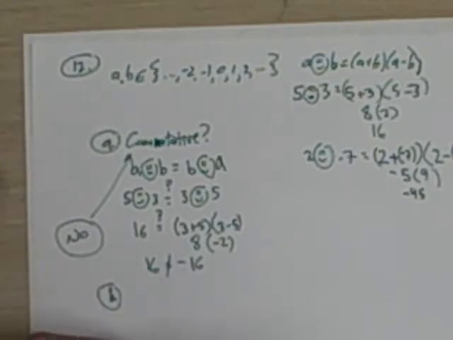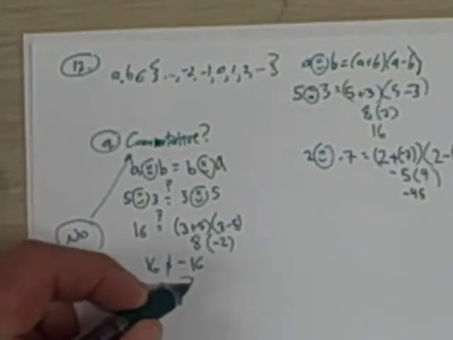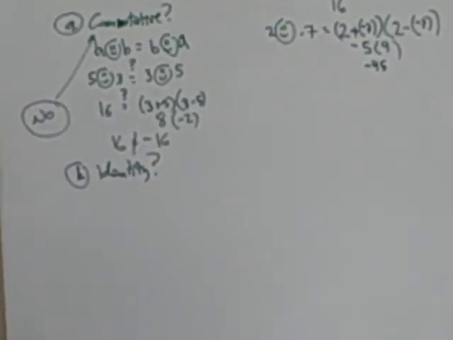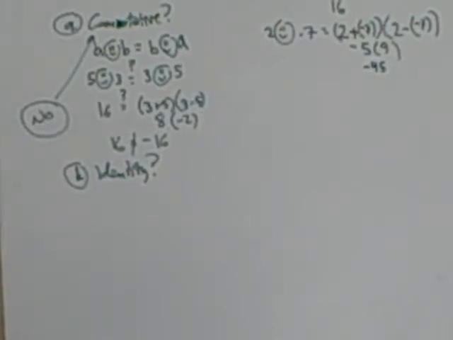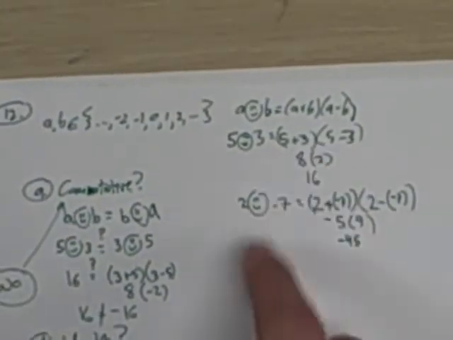Next question, B, is there an identity? In other words, is there an element that if you combine it with any element from there, you get that original element back? It's like multiplying by 1. It's like adding 0. So those are actually both pretty good candidates, I think, because we have addition and multiplication going on in the operations.